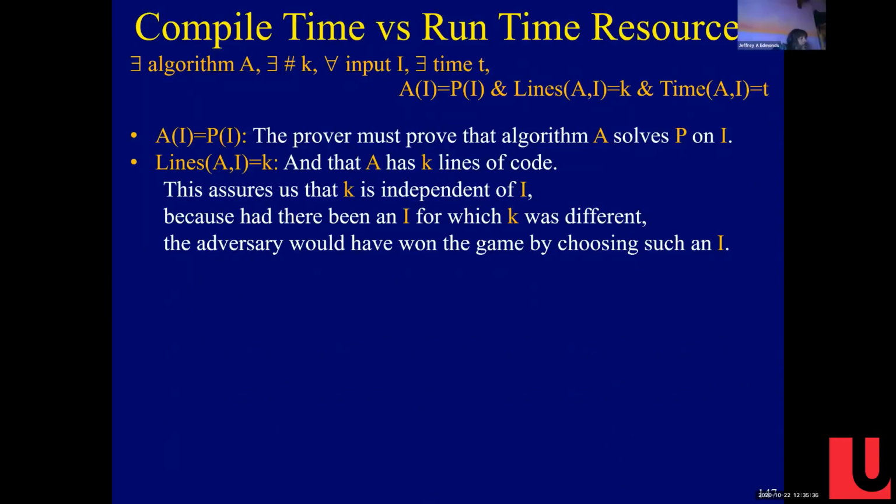Right. But you want to tell people that. You want to tell people, hey, k is not going to change with the input. You want to be able to say that. So the reason I say it is so that I can say it.